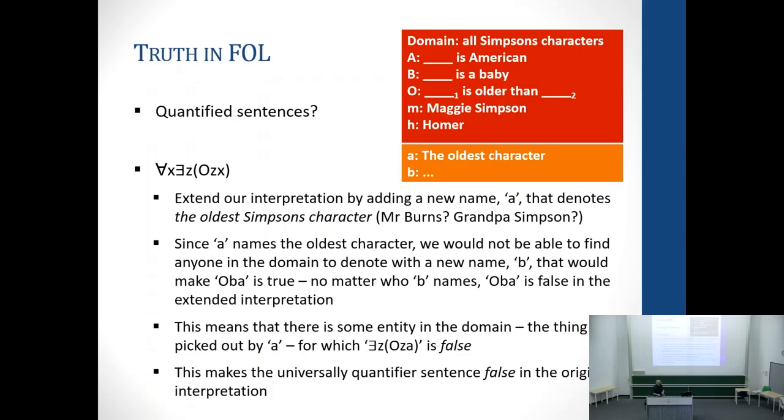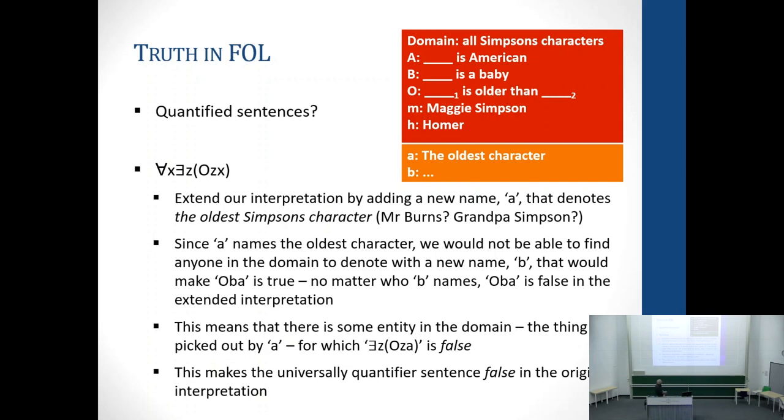So again, coming back to our fourth one, what do we do here? Well, we're going to do the extensions in two steps. We add a name A, and our A here is going to be, in fact, a kind of definite description. A will be the oldest person in the domain.